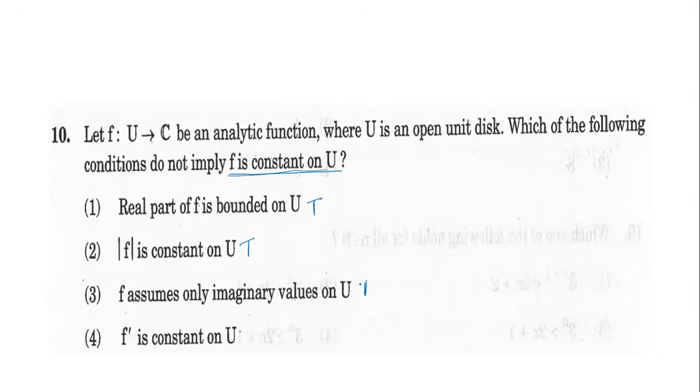In this case also we get constant function. f dash is constant on u. See, f of z is equal to z. If we differentiate, f dash of z is equal to 1. This is constant, but here f of z is non-constant.